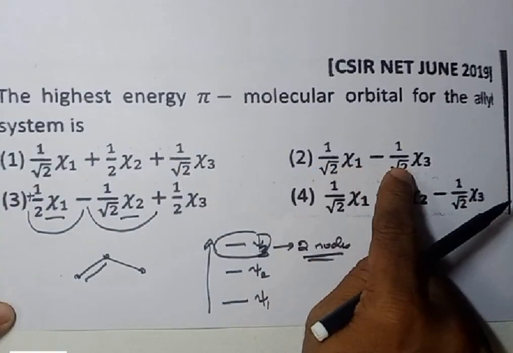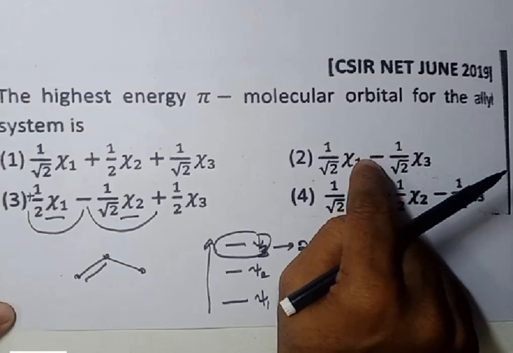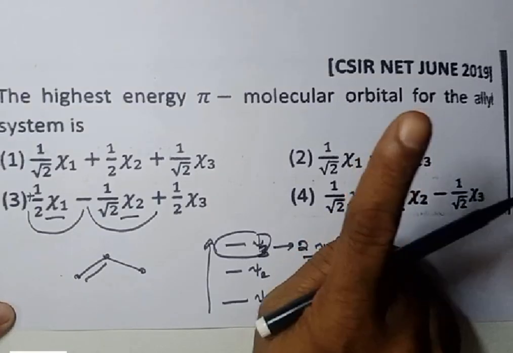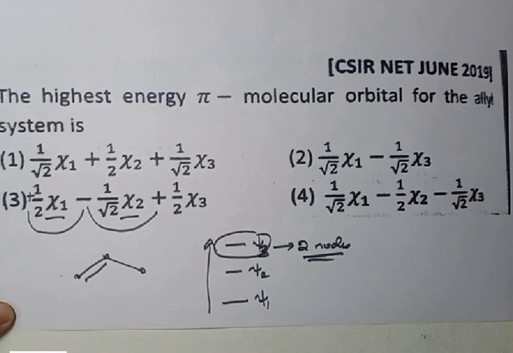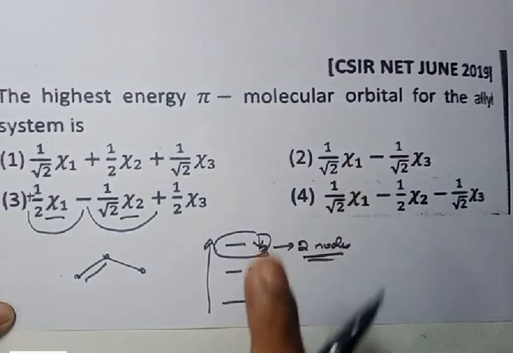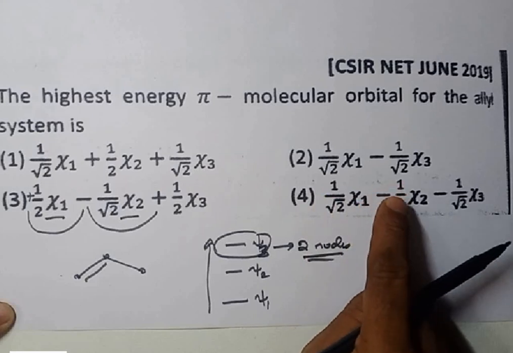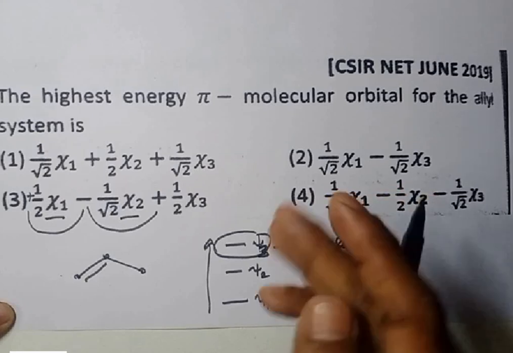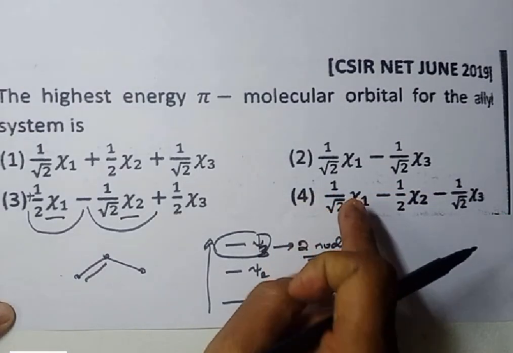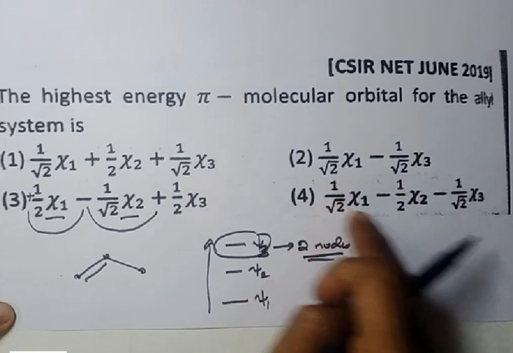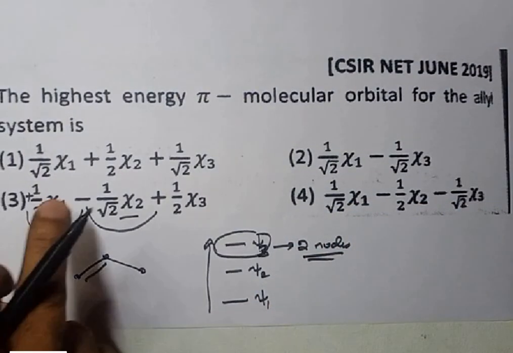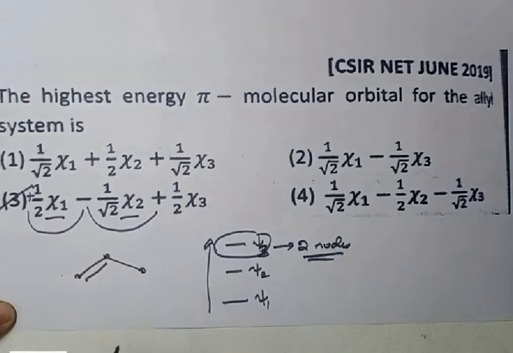In the second option, we have one node present at the middle carbon, which is psi 2, so chi 2 is missing. And here I have plus to minus, one node, minus to minus, no node. I have one node, but it is not present symmetrically, so this is not at all possible. So the correct option for this question is option 3.